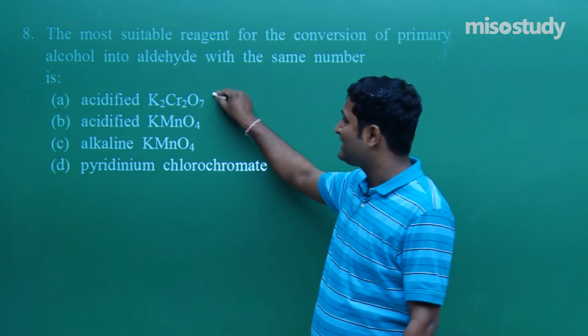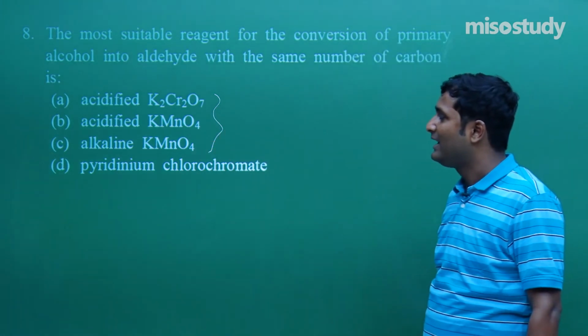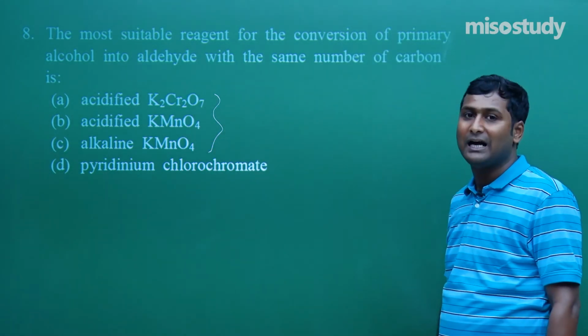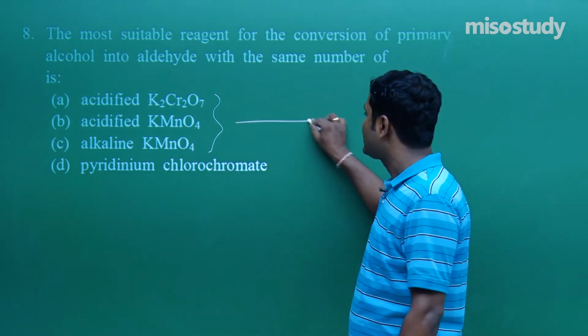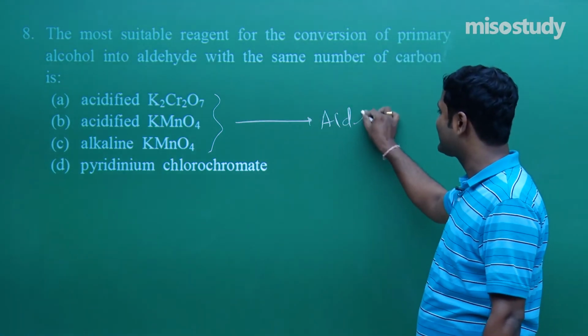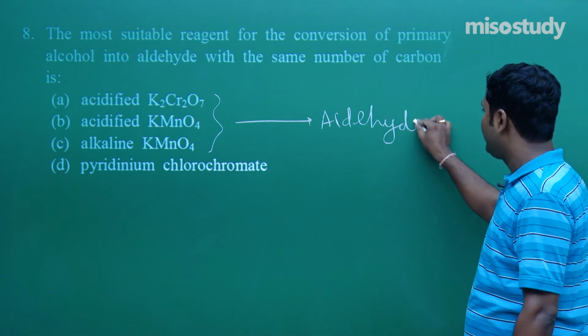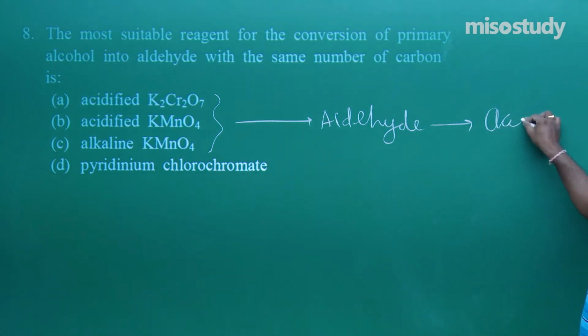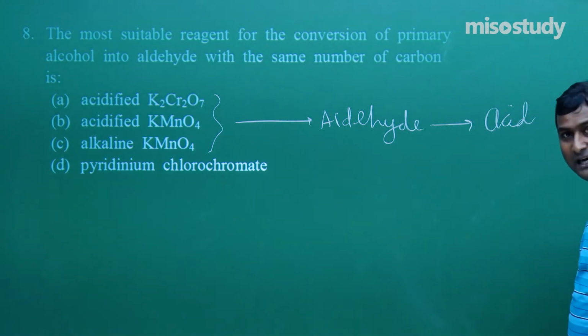If I use acidified K2Cr2O7, acidified KMnO4 or alkaline KMnO4, then first an aldehyde forms, and then it will be converted to acid, that is, carboxylic acid. Clear?